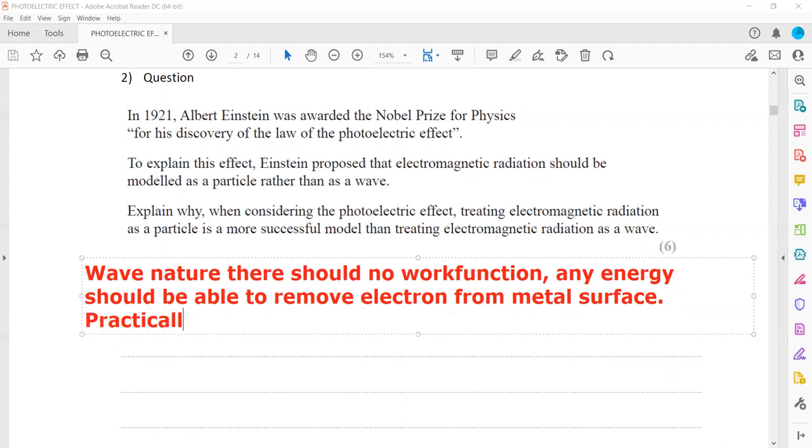That is the contradiction: it does not support the wave nature, it supports the particle nature. There is a minimum energy required to release electrons.